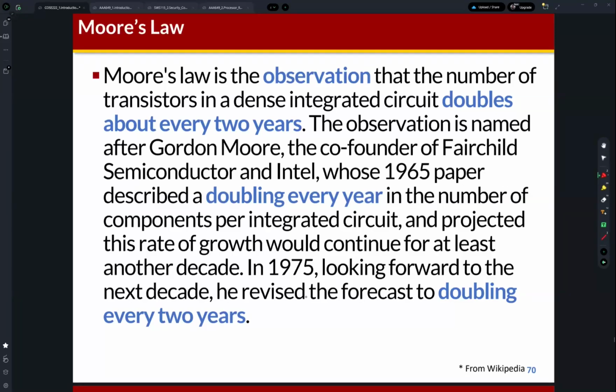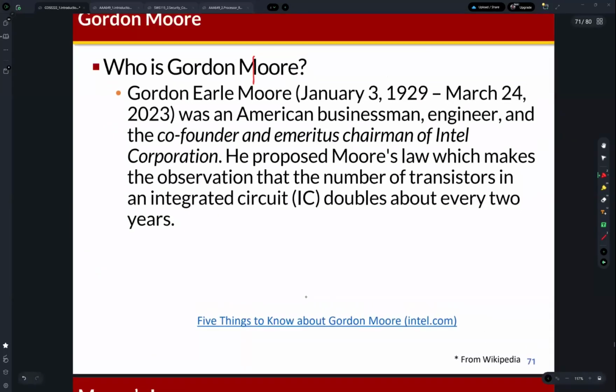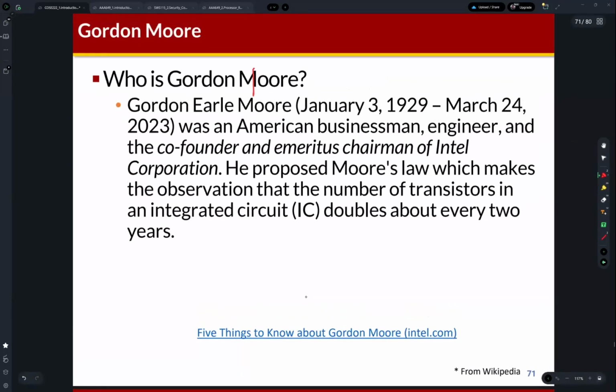Who is Moore? Moore's law was formulated by Gordon Moore, the co-founder of Intel, who recently died in 2023.